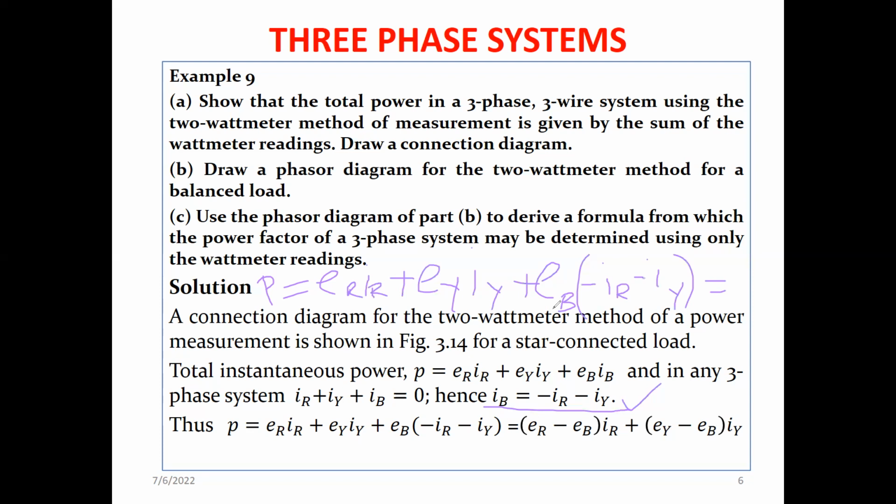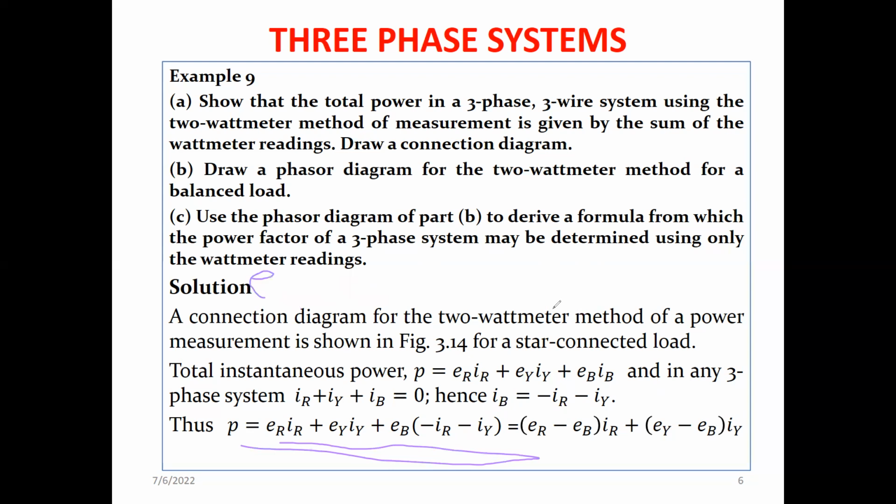When you open the brackets, you have ER IR, then minus EB IR, minus EB IY, plus EY IY.